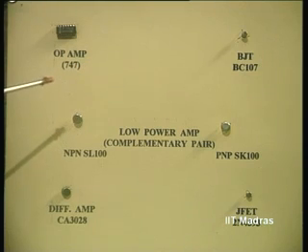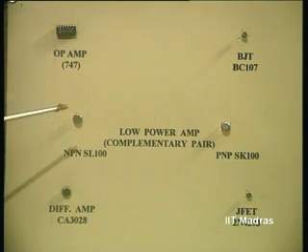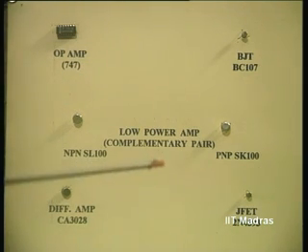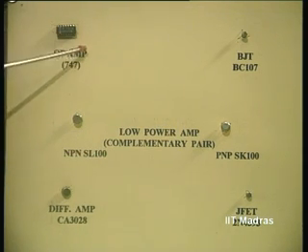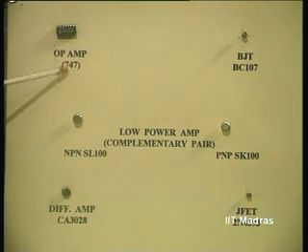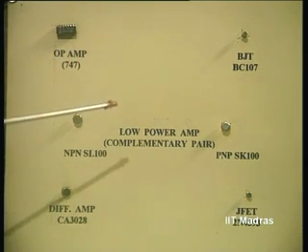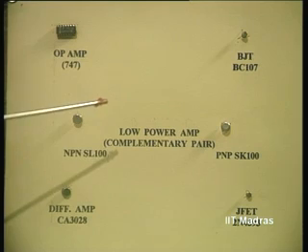Now, I am going to show you the actual components, like the transistors, the active components, as well as the op amp that we commonly use in our circuit design. We have here an operational amplifier, 747, a very general-purpose and commonly used operational amplifier.